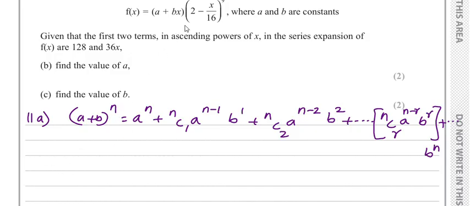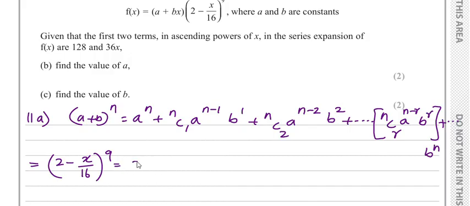Since here n is equal to 9, let's use that. So this question is (2 minus x over 16) to the power of 9. Carefully put these values there. Just replace a with 2 and b with minus x over 16.